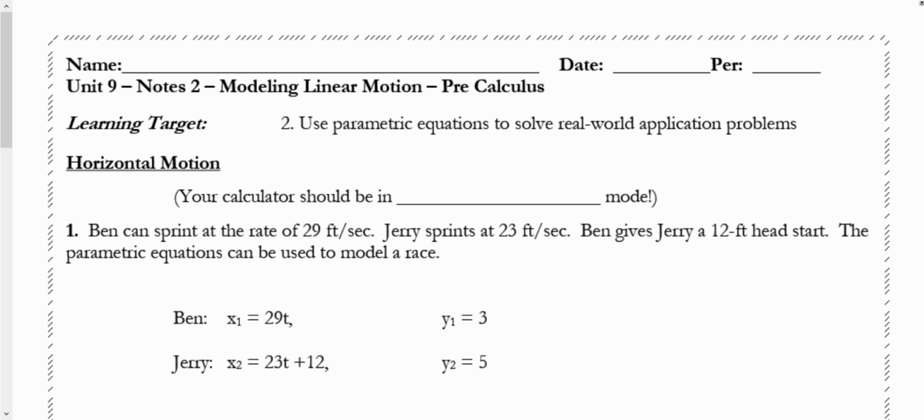And you want to make sure that your calculator, if you recall from our unit we had before, is in parametric mode. On the calculator, if you hit mode, you're going to see that as PAR, next to function and next to polar. So select that parametric, and let's go ahead and dive into this first problem.